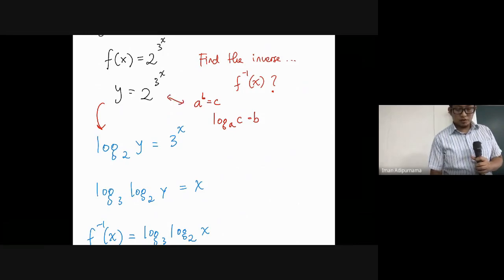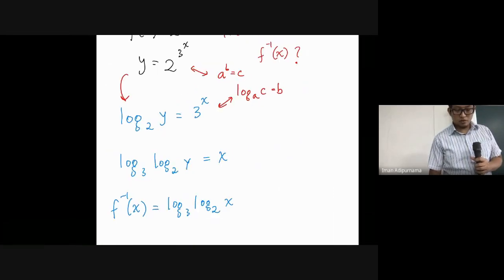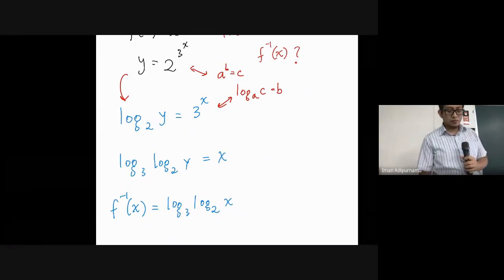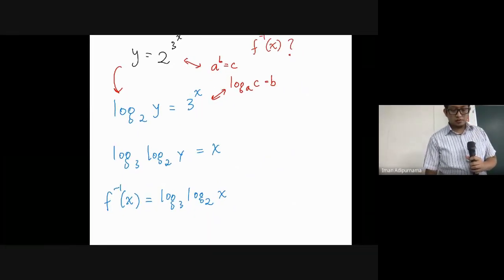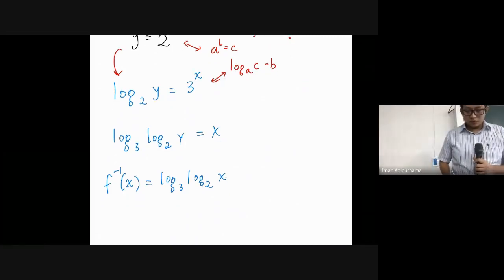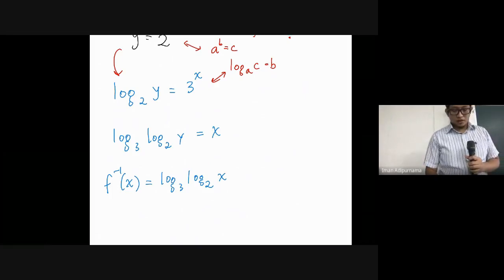Using this property, you get this one. And then the same idea happening here. And then we can solve for x for the f inverse.